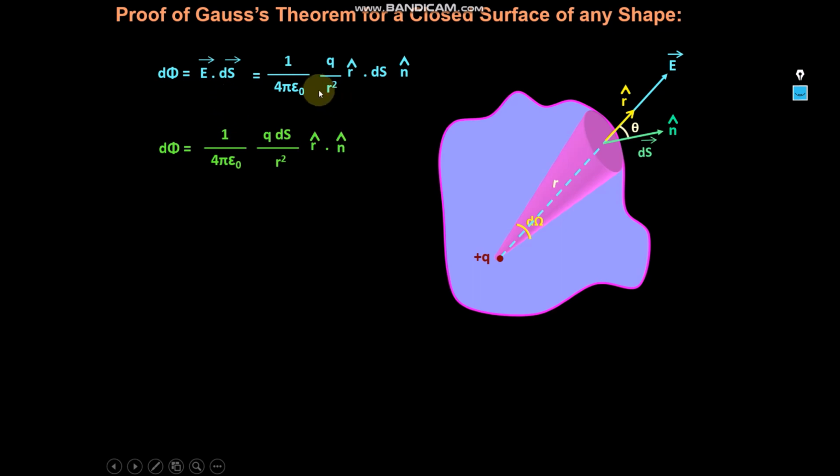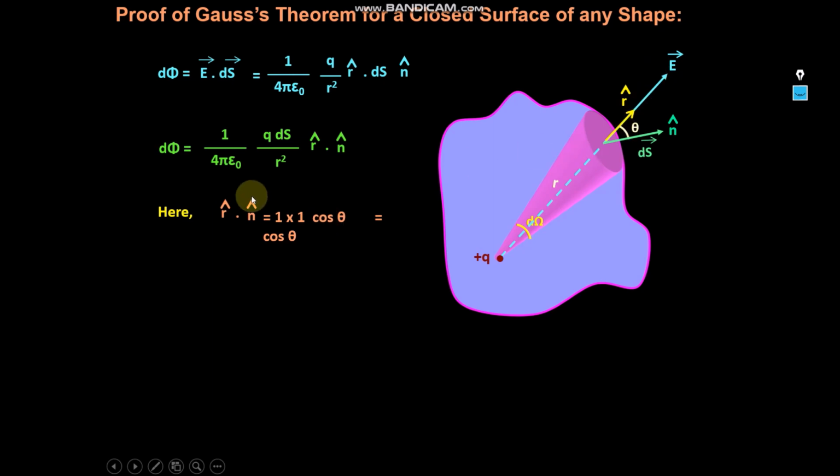Now d phi I can again rewrite as 1 by 4 pi epsilon naught q by r square ds, r cap dot n cap. It's a dot product. So you already very well know r cap dot n cap equals 1 into 1 cos theta. So only cos theta will remain, because theta is not 0.